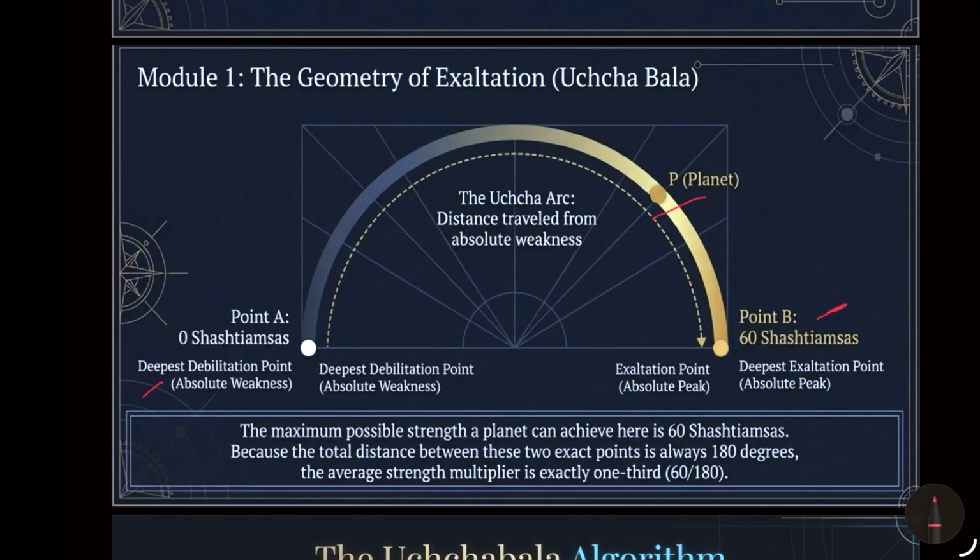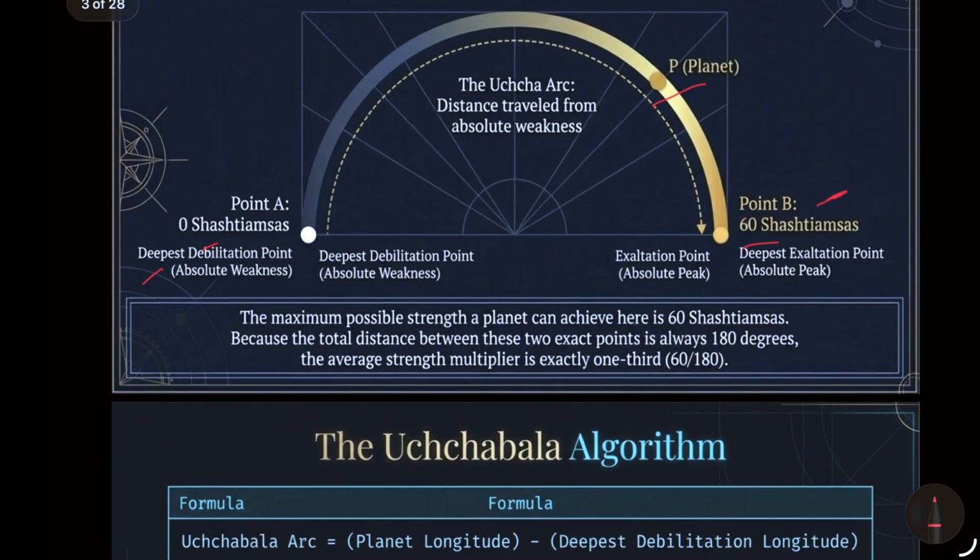So max is 60 and min is 0, and we toggle between these values. The reason for 60 is that the span between the deepest debilitation point and the deepest exaltation point is always 180 degrees, and if you divide it by 3, you get 60. 180 by 3 is 60. That is the maximum strength one planet can get in Uchcha Bala.